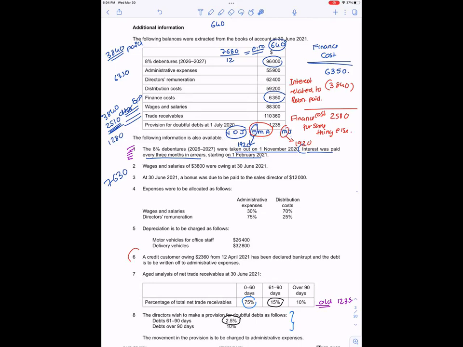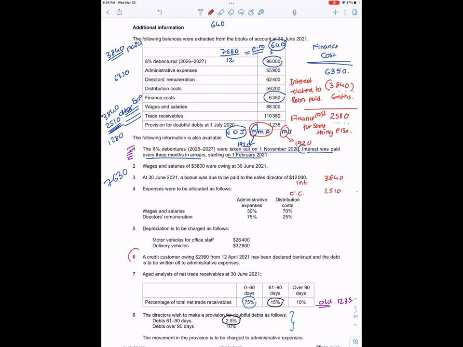So out of this 6350 that I have paid, interest related to debentures I have paid only for 6 months: 3840. 2510 is for something else. Okay. So 3840 was paid for interest, 2510 was extra finance cost.